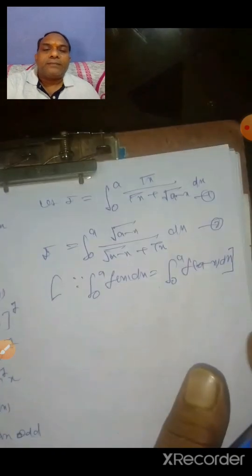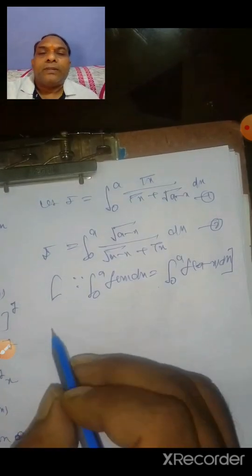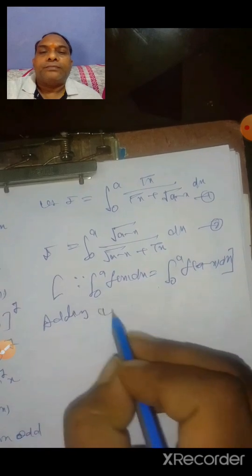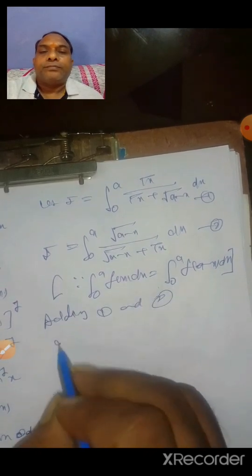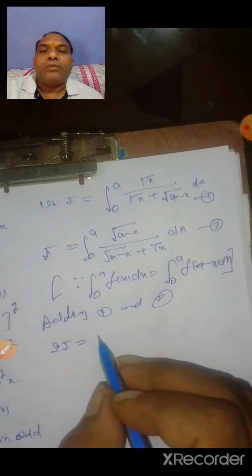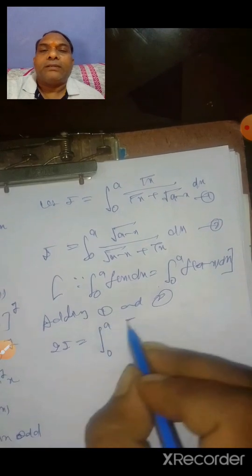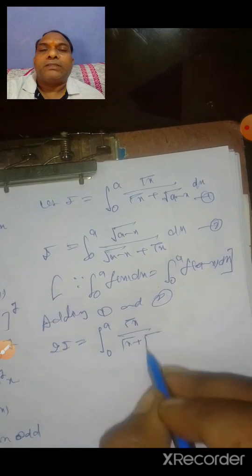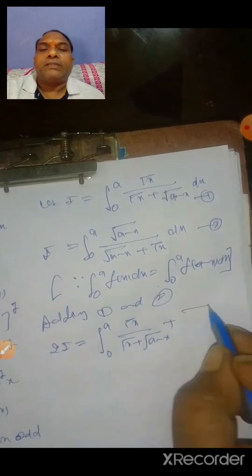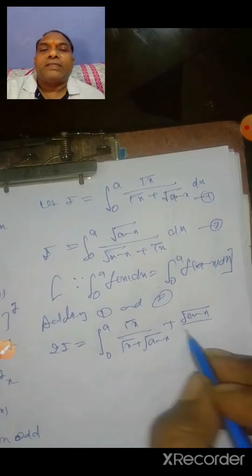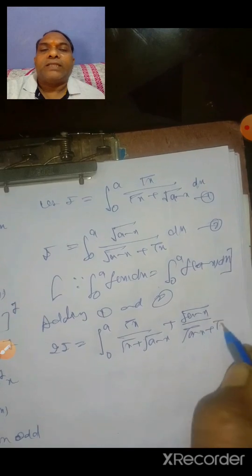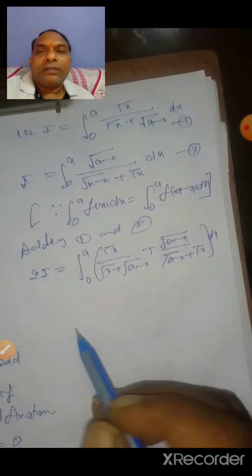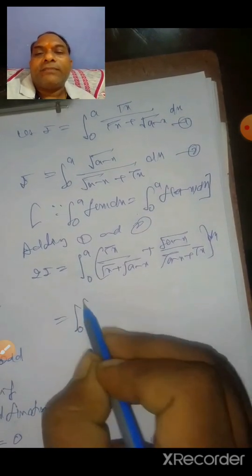Clear? Adding 1 and 2, then 2I will be equal to integration 0 to a root x upon root x plus root a minus x, plus root a minus x upon root a minus x plus root x dx. Now solve it by taking LCM.